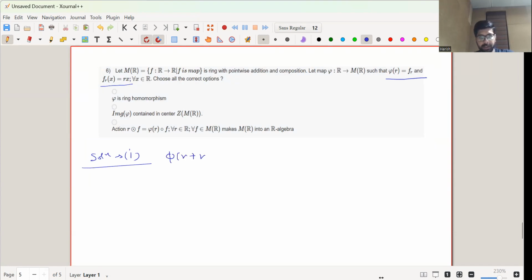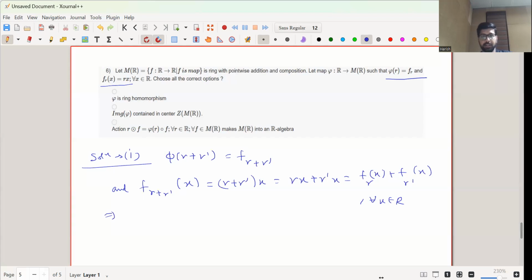One has to check that phi of r plus r dash is phi of r plus phi of r dash. So this is nothing but f of r plus r dash, right? And f of r plus r dash over x is equal to (r plus r dash) x, which is rx plus r dash x, which is just f_r x plus f_r dash x for all x belonging to R. And this implies f of r plus r dash is equal to f_r plus f_r dash, which is nothing but phi r plus phi r dash.